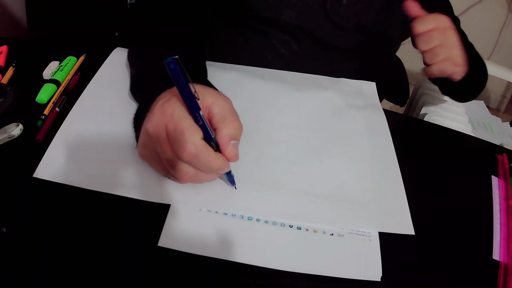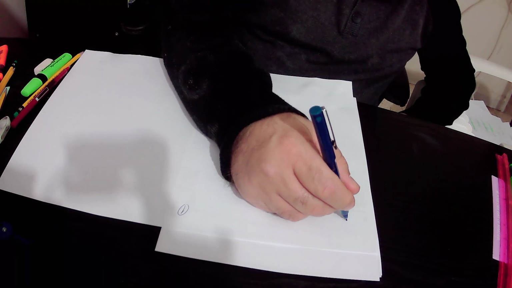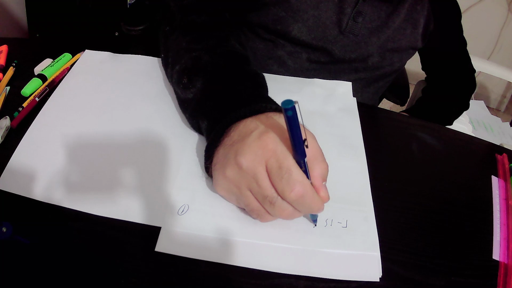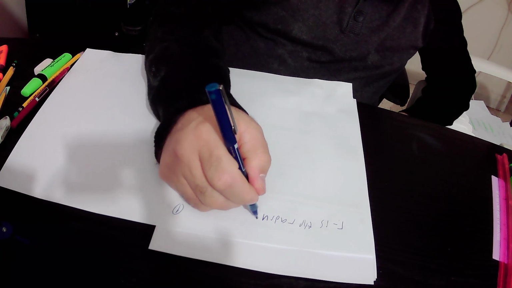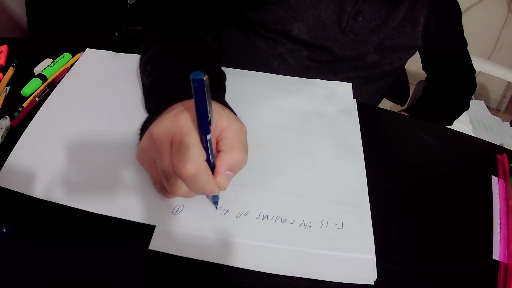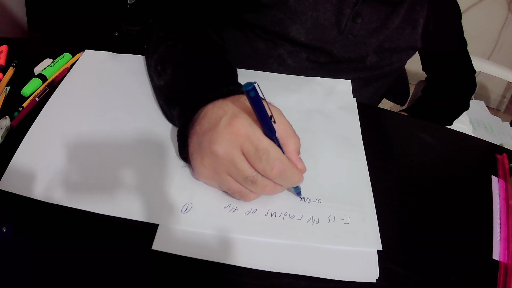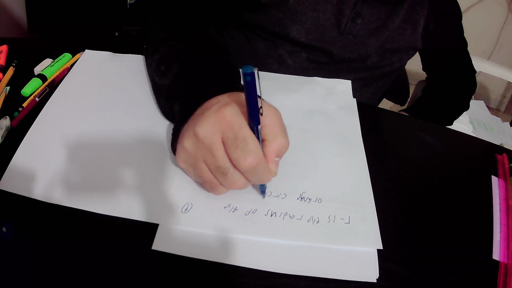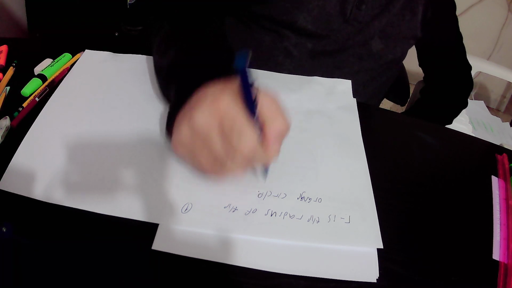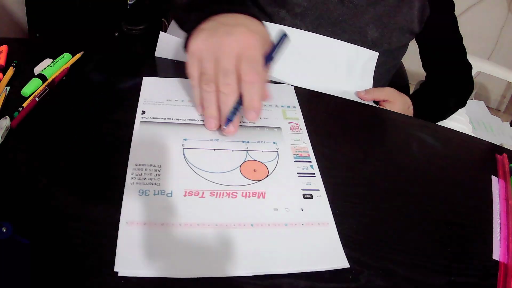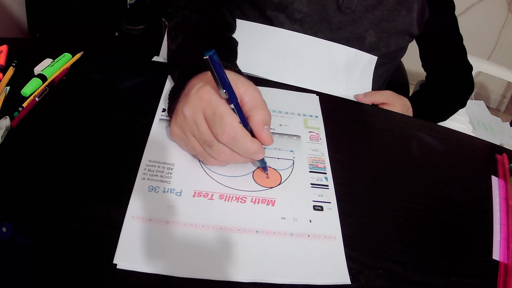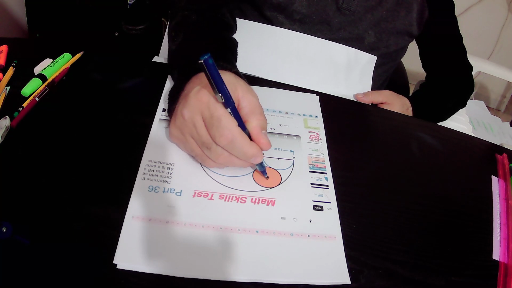So small r is the radius of the orange circle, and we also know that the center of this orange circle is at this point, and this point is defined as point C.